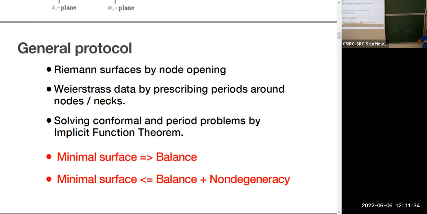These are my variables and my equations, and I take the Jacobian matrix of these equations, the derivative of the equations over the variables, and this matrix should have the maximum rank for the implicit function theorem to be applied. That's the non-degeneracy. If its rank is lower, it's called degenerate, and it's bad for me.